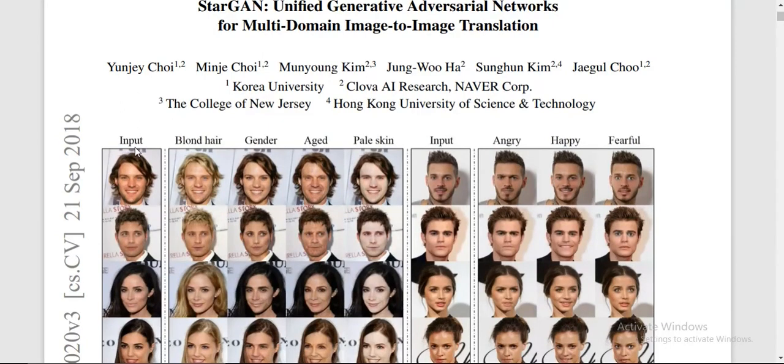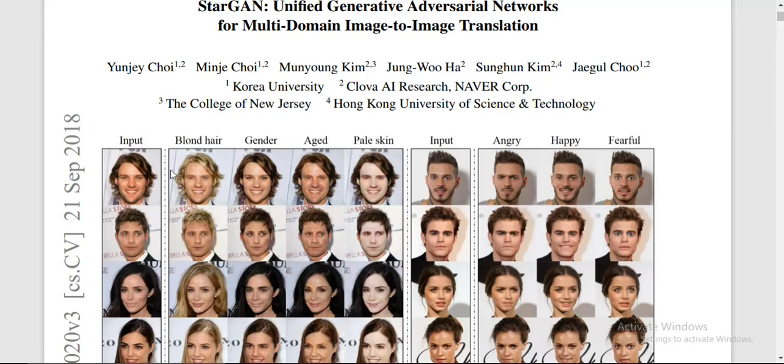For example, in the discriminator, if we give this input image and the generator wants to translate it to this domain, blonde hair, the discriminator first outputs whether this blonde hair image is real or fake. That is similar across all GANs. And they also use the concept of AC-GAN, that is, they also produce the label, the domain information, whether this input is translated to blonde hair or not.